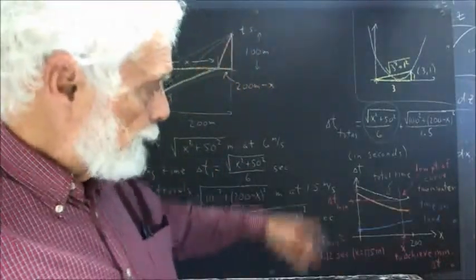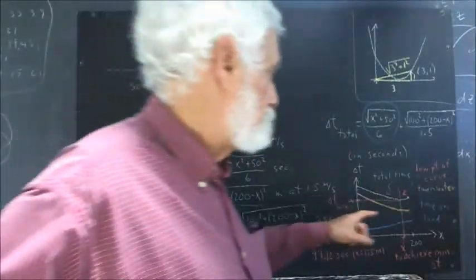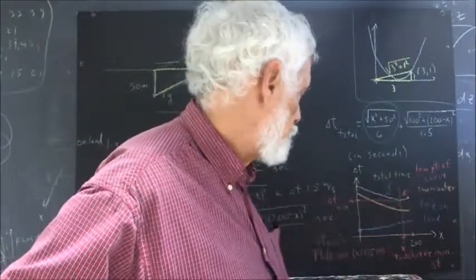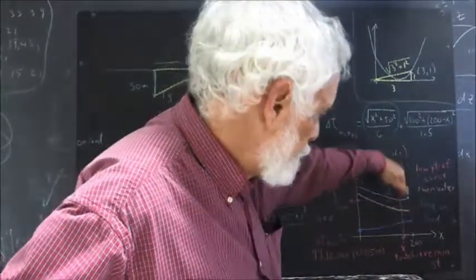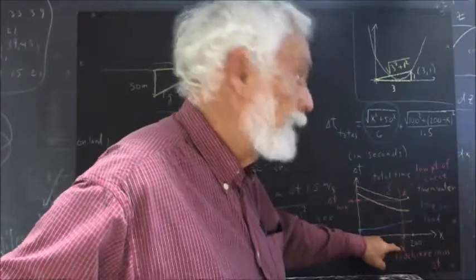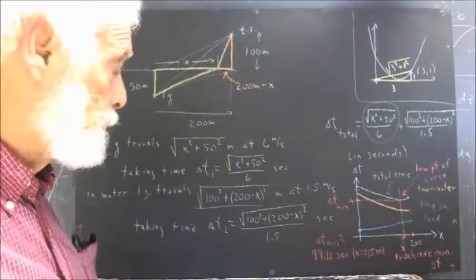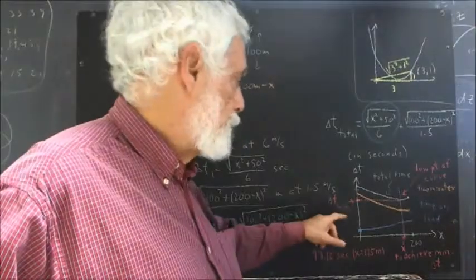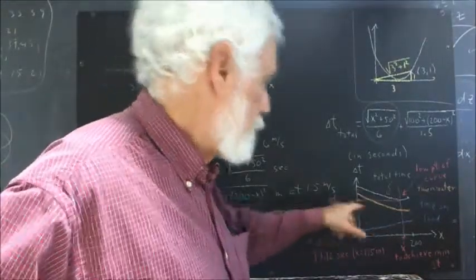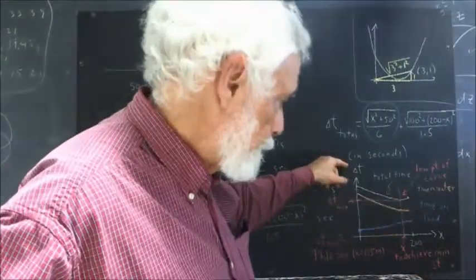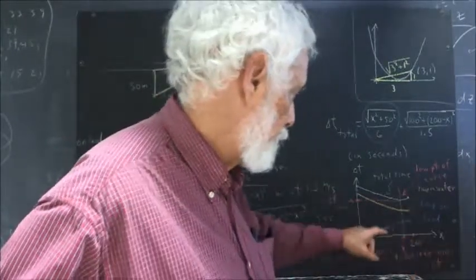Okay, and I'll also say that here's the low point of the curve, and that occurs at some value x. That's how far you go along the beach to achieve the minimum time. Delta T min is the minimum time, because of course the delta T axis is up here with the x axis here.